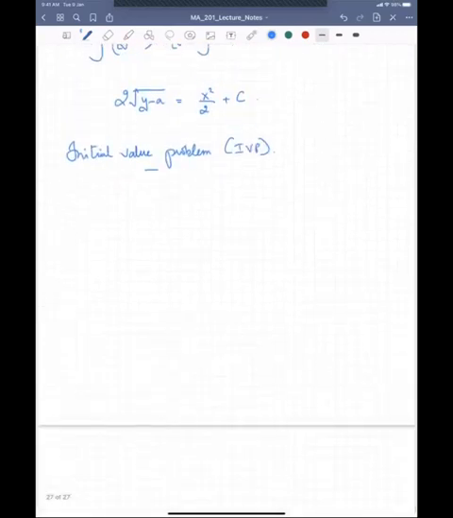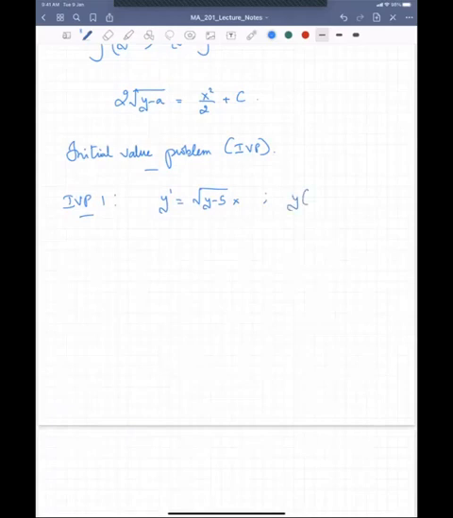So let's use the same equation, and I'll call this IVP1. This is the first initial value problem that I will do. My differential equation remains the same. y prime equals square root of y minus a, let's say a is, I don't know, 5 or 10, or whatever it is, times x. And now with the proviso that y at x equal to 0, it doesn't have to be 0, is 2 or whatever, it doesn't matter.